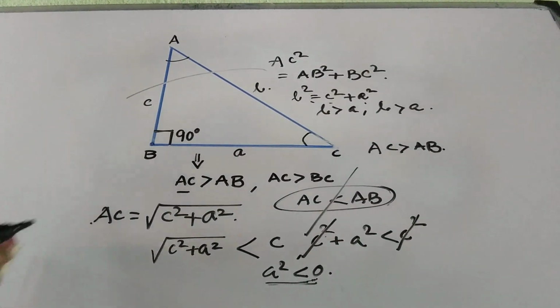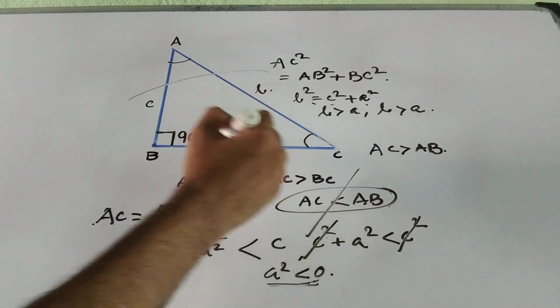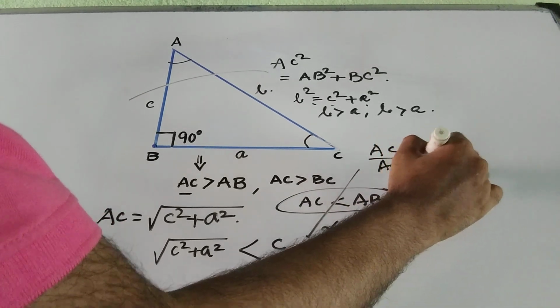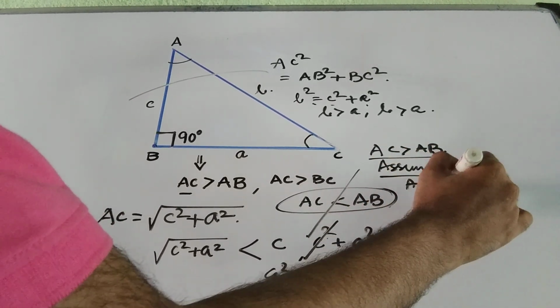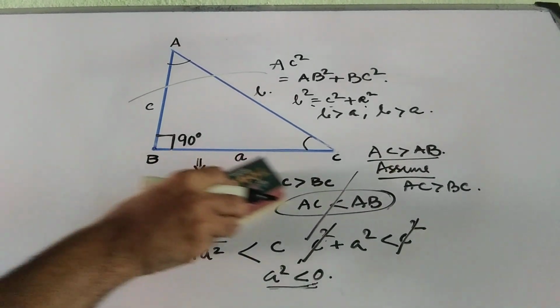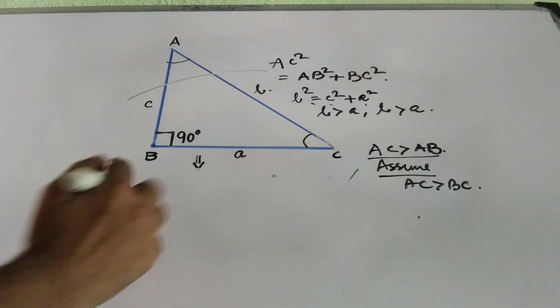At the same time, I am assuming that AC is also less than BC. What does that mean? Again, AC we know is the root of a square plus c square.